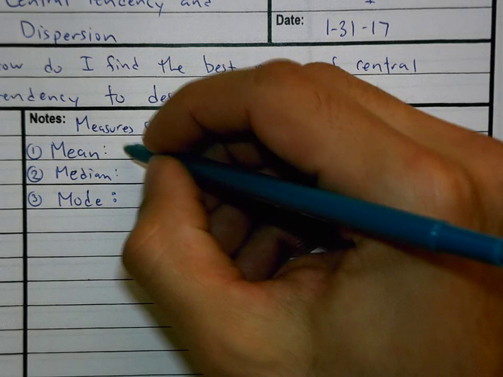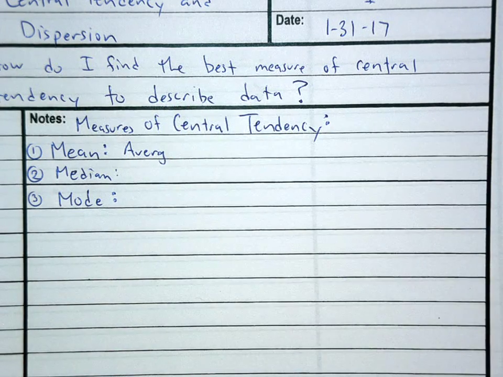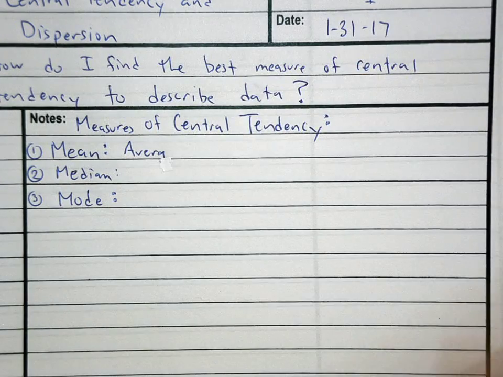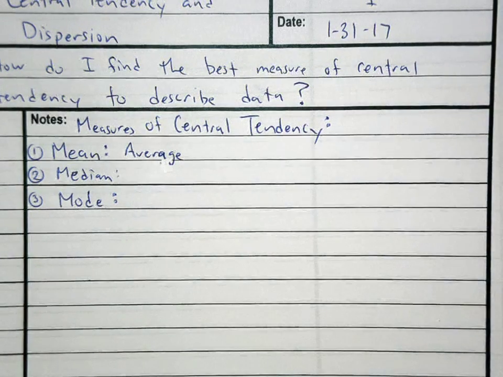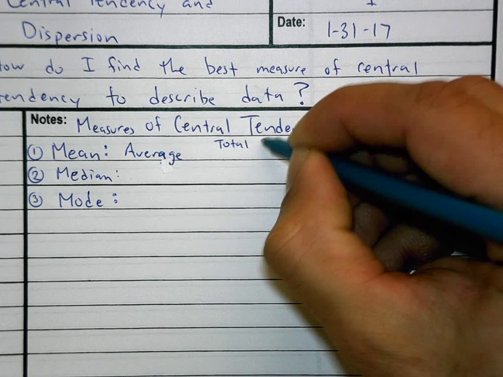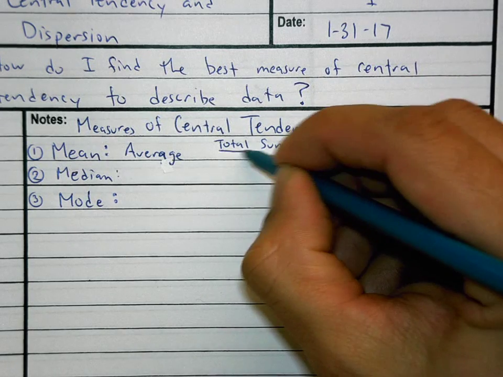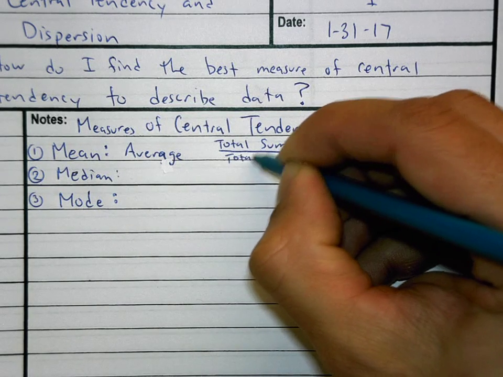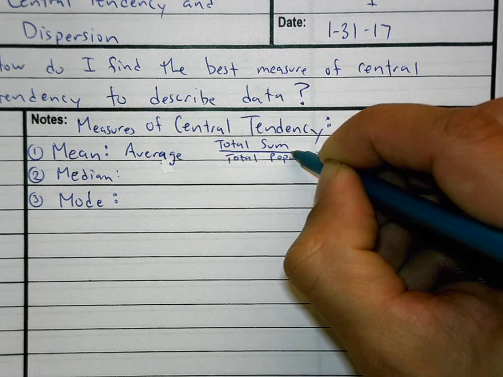The mean is your average. Average. It's the total sum divided by the total population. I'm writing really small, I'm sorry.